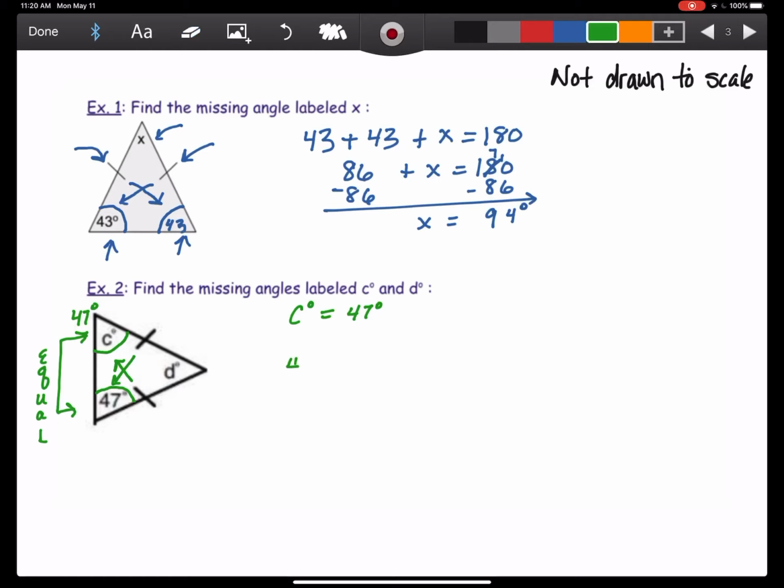So 47 plus the second 47, which is here, plus what's the third angle labeled? D, equals how many degrees altogether? The inside of a triangle is 180 degrees.